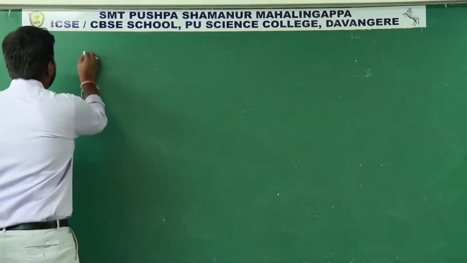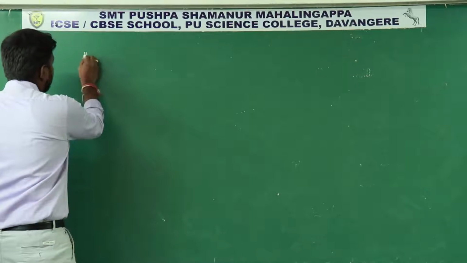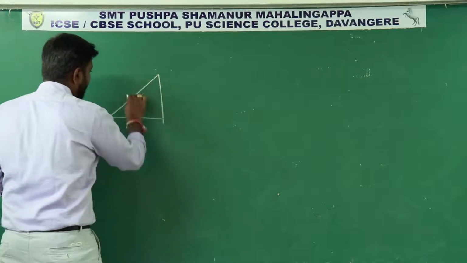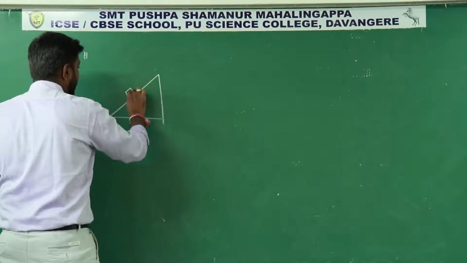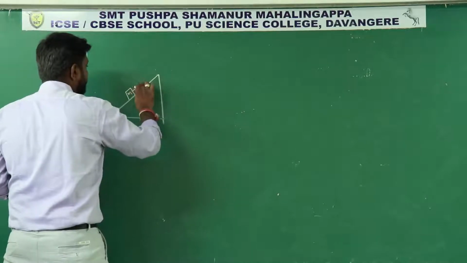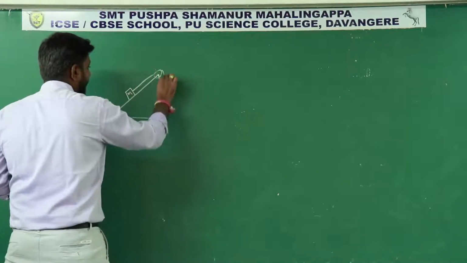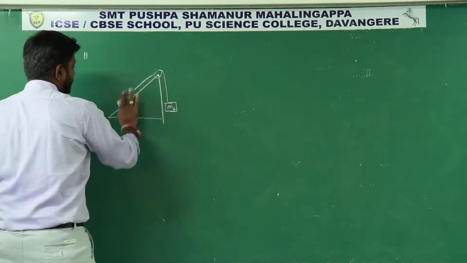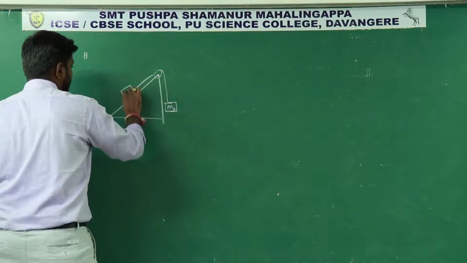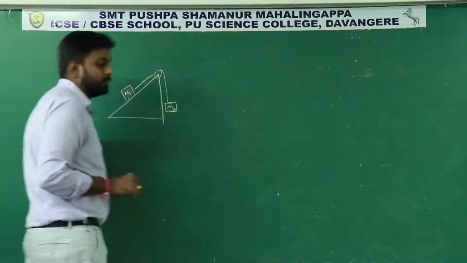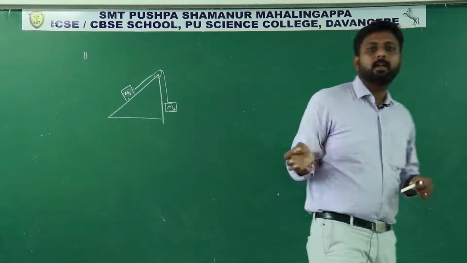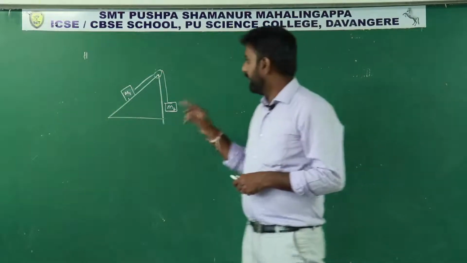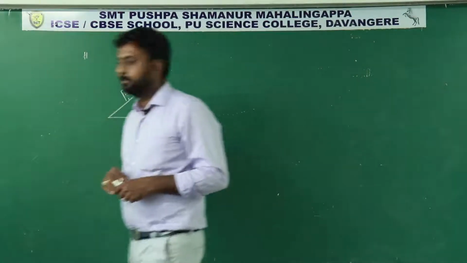In the last class, in this example, on this inclined plane you considered this mass m1, and this is the string, and here this is the mass m2. I explained how to find the acceleration and then the tension in the string.